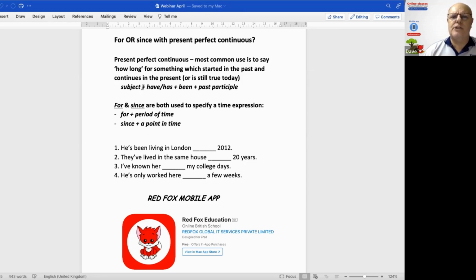We have the subject plus "have" or "has", depending on whether it's first, second, third person, plural, singular, plus "been" plus the past participle, which, as we probably know, is verb 3. And then if we add that with "for", we need a period of time, or alternatively "since" a point in time.